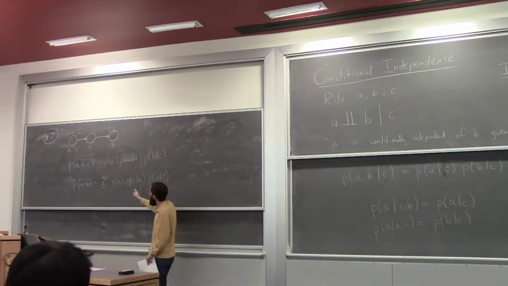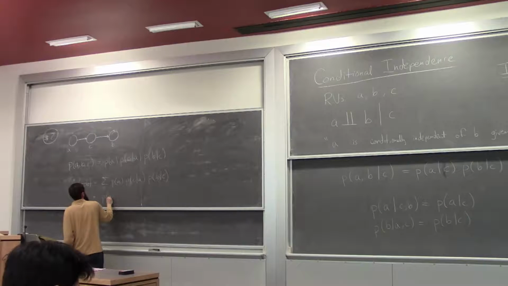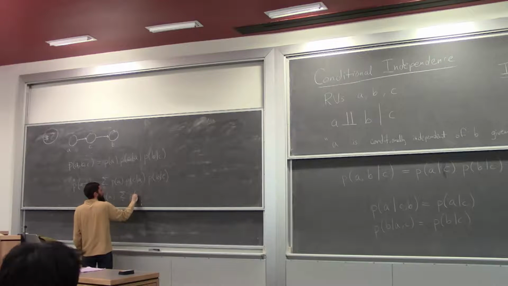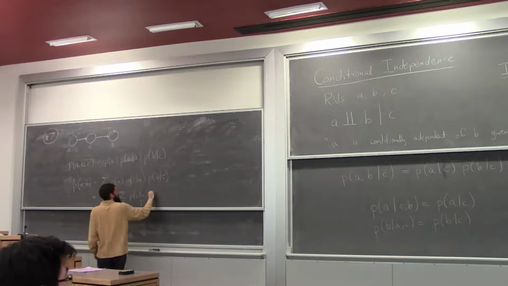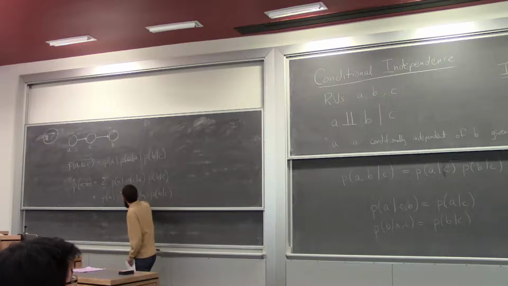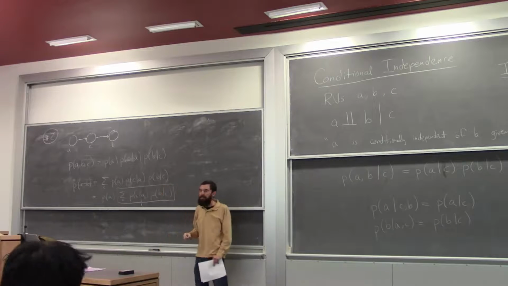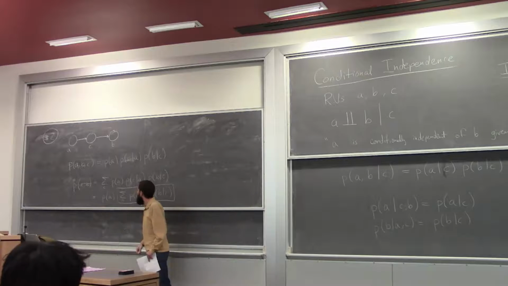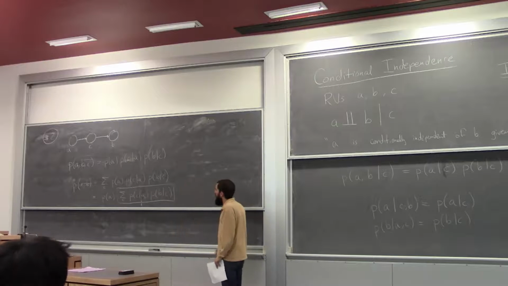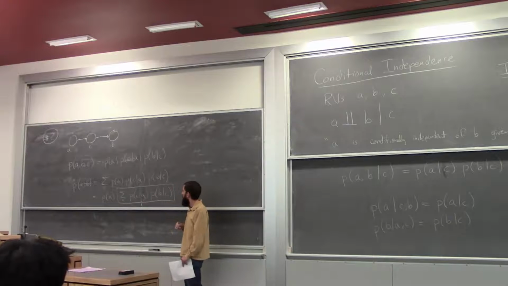Notice I can pull P of A out of the sum, and so it's easy to see that in general, for these to be independent, I would need this term here to reduce to P of B, because I've got a P of A outside there. And of course, that doesn't work.